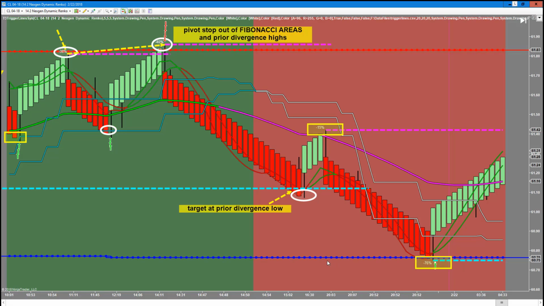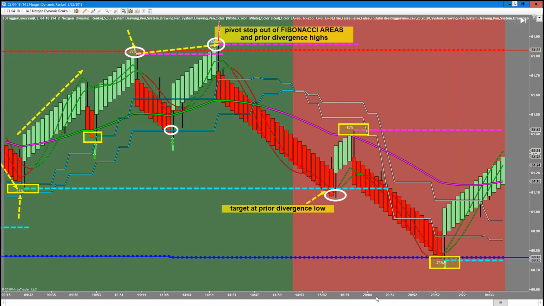So again, you'll start to really work through the process of seeing where your triggers are relative to the other triggers, right? Small versus the synthetics. Then when you reach Fibonacci areas, you'll start to recognize, the trigger lines didn't break through the fibs and we have divergence.